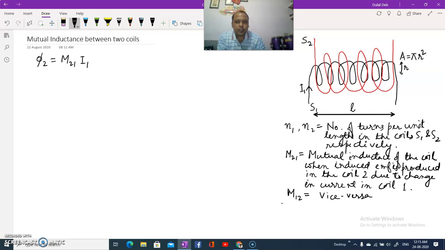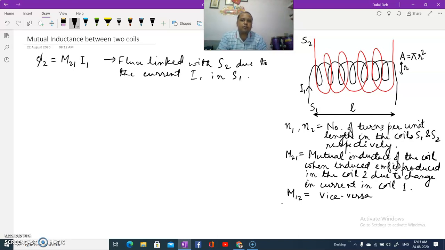This is the flux linked with S2 due to the current I1 which flows through S1. So this is the value of flux.